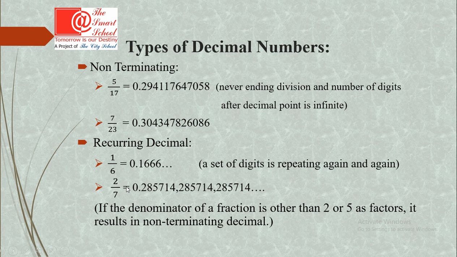And when we divide 2 by 7, the answer will come 0.285714, 285714, 285714 and again the same group of numbers will come. So it is called a recurring decimal. If the denominator of a fraction has factors other than 2 or 5, it results in a non-terminating decimal. Obviously the opposite of terminating decimal, where 2 or 5 were the factors.